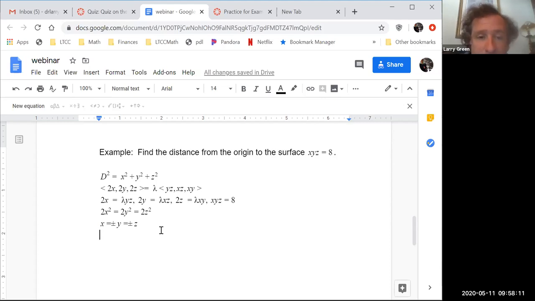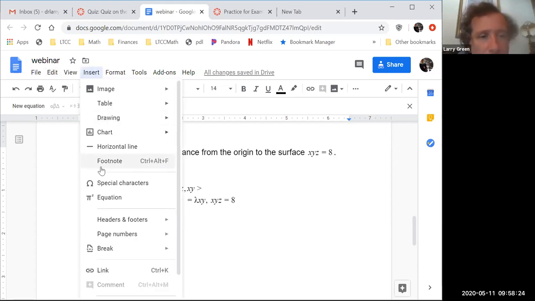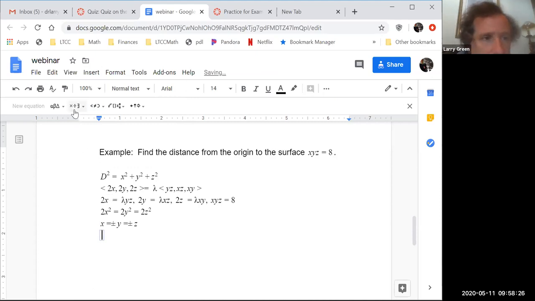So now what I can do is pop this into the third equation. And I can say that plus or minus x cubed equals 8, because if they're all the same, but maybe different signs, I just get plus or minus x cubed. So that says that x equals plus or minus 2.